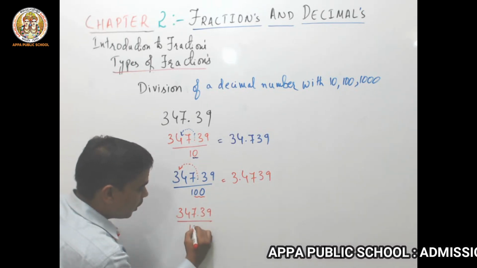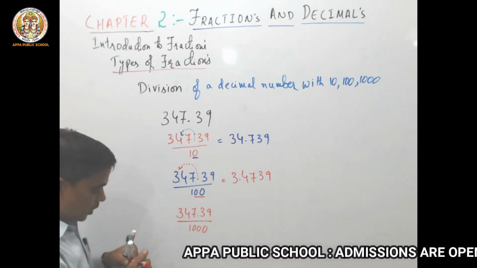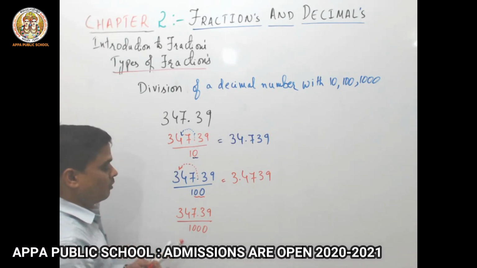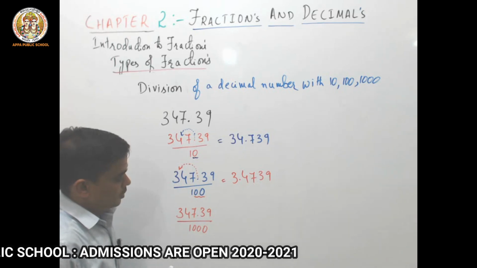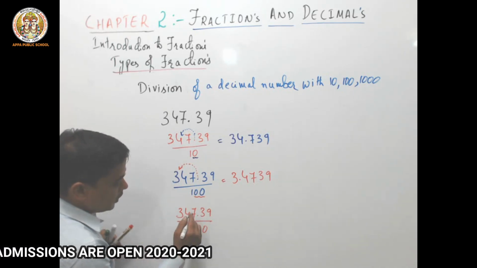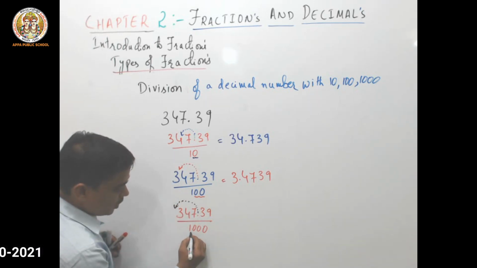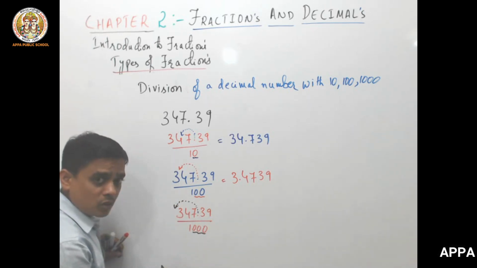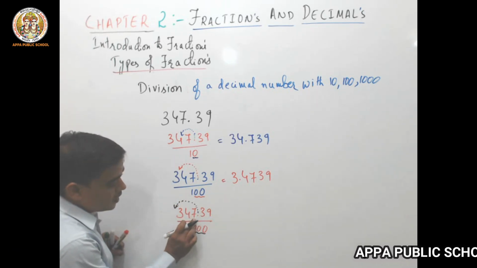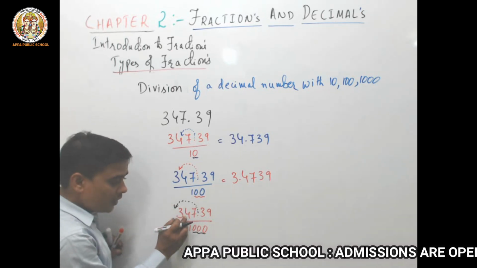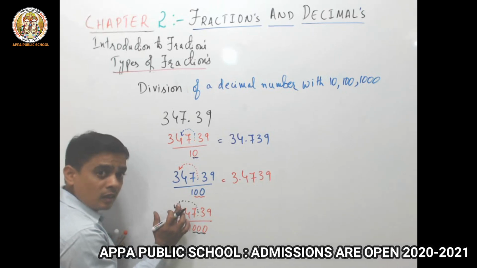Now the same number 347.39, and if I divide by 1000, what you have to do here is shift this decimal point by three numbers. Why? Because in the denominator we have three zeros. That's the reason I will shift this decimal point towards the left of this number by 3 positions.